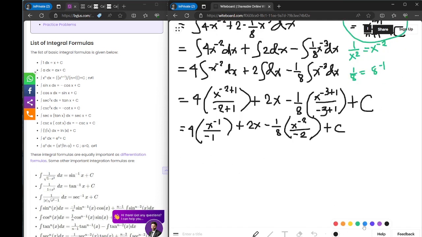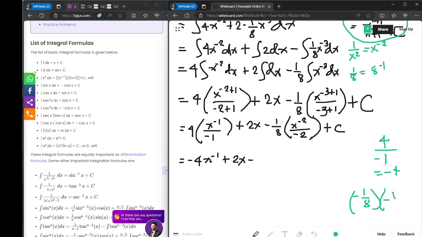So what is 4 over negative 1? That's just negative 4. So this will become negative 4 x to the negative 1 plus 2x minus, so here we have negative 1 over 8 times negative 1 over 2.